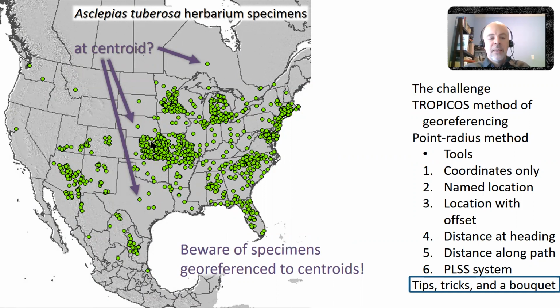Now, this said, there are probably a lot of records here that are also geolocated to the center of counties. And at this scale, that is really hard to tell apart from ones that may not be. For example, this record is not at the center of Montana, but it might be at the center of whatever county is there in Montana. Likewise, it's going to be really difficult to tell specimens geolocated at centers of counties or whatever, or even of the state, from other records here. Anyway, it's just something to keep in mind if you're using other people's georeferenced specimens, where the specimens have been collected in a manner as so described.